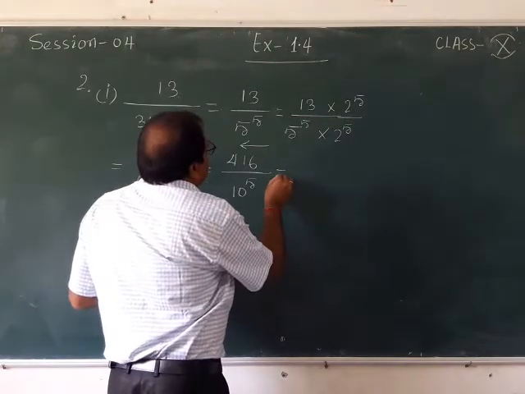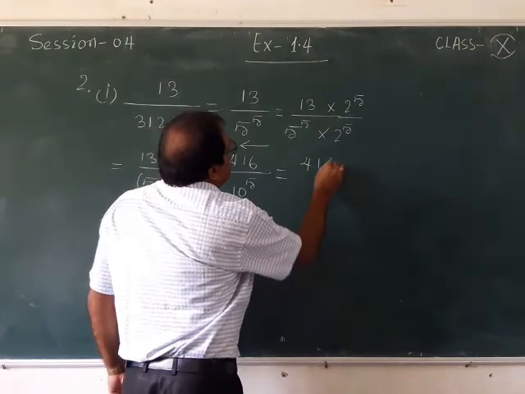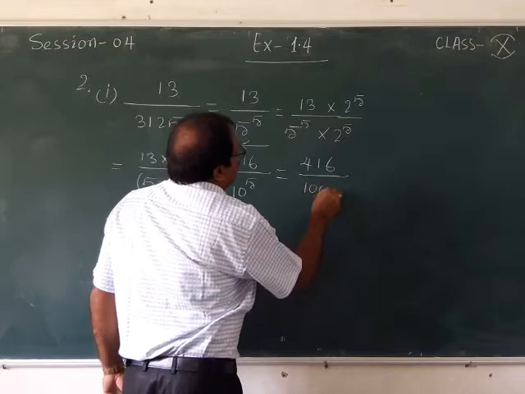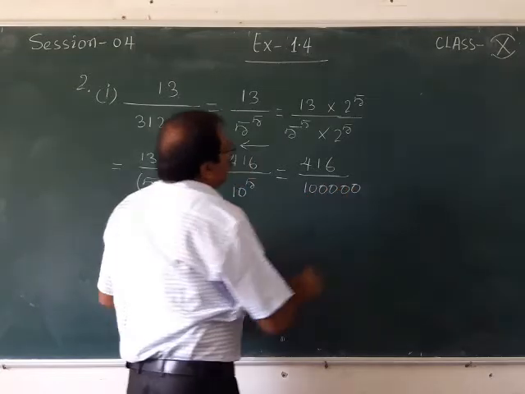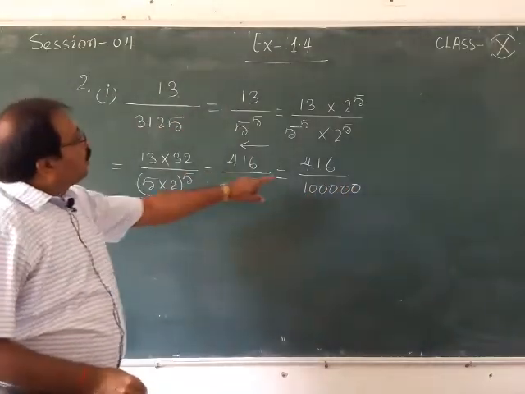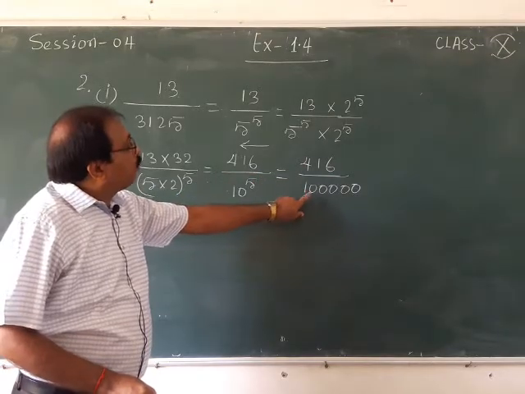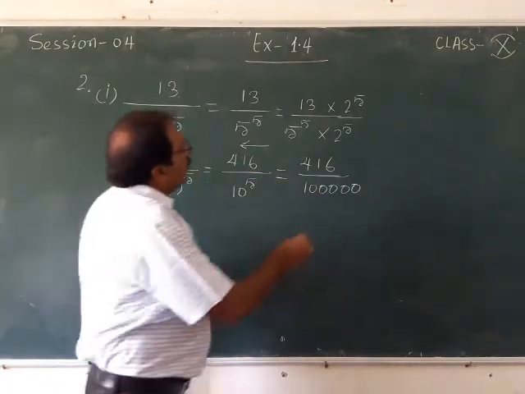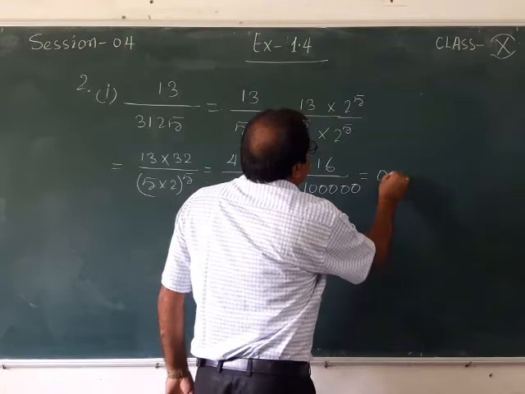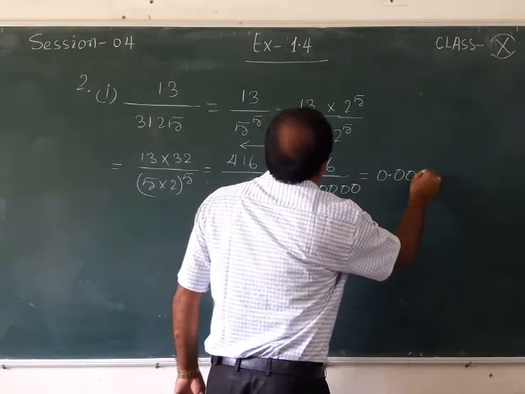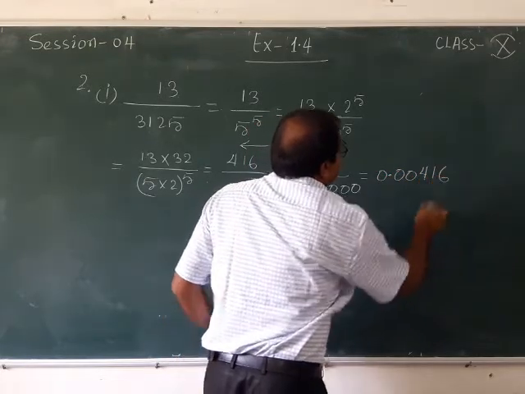If you have any confusion, you can write it in this form also, you can put 50. So here 416 upon 10 to the power 5, then you can write it as 0.00416.